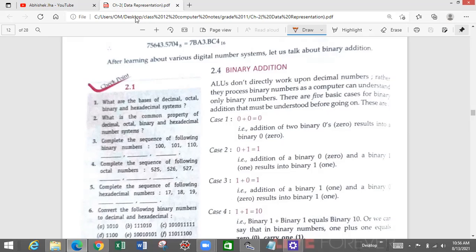If computer has to do a plus, it does binary addition. If it has to do a minus, it uses 1s complement of binary addition and then gets the subtraction. If it has to multiply, then it uses a repeated addition.